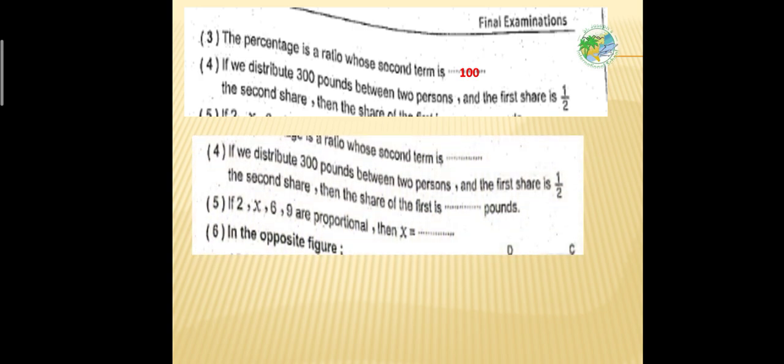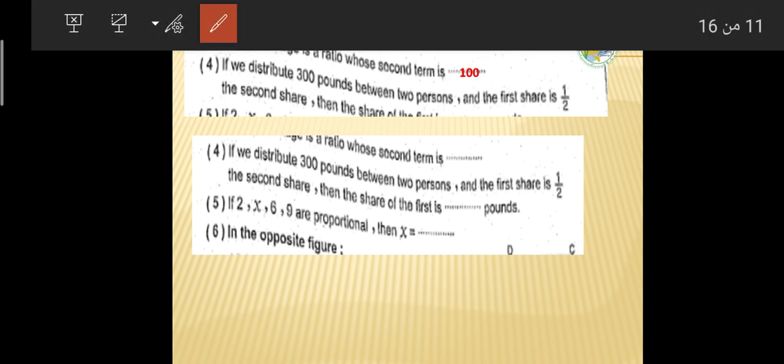Number 4, if we distribute 300 pounds between 2 persons and the first share is 1 over 2 the second, then the share of first is what? We can answer this question by cross multiplication.